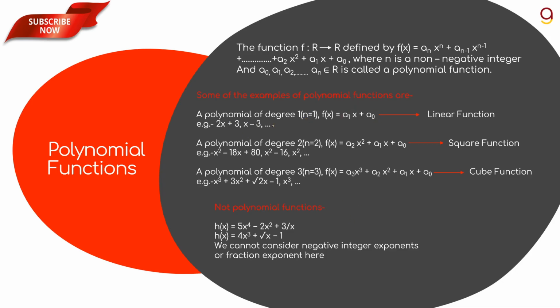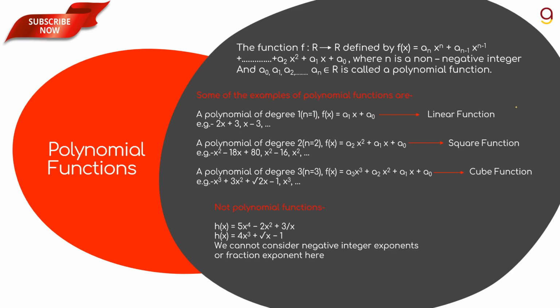So, a polynomial of degree 1, n is equal to 1, is called a linear function, and this is expressed in this way: f of x is equal to a_1 x plus a_0. So let's see some examples like 2x plus 3. Now what is the highest power of x in this case? It's 1. x minus 3, what is the highest power of x? 1. So these are linear functions.